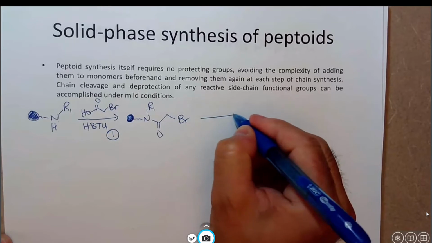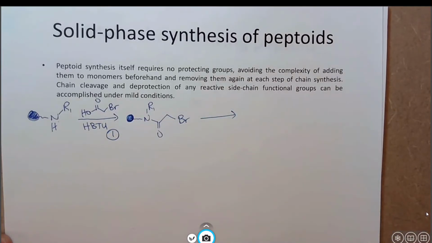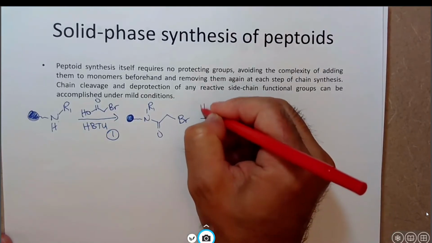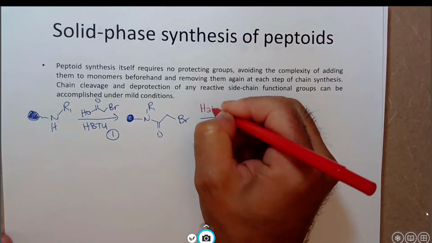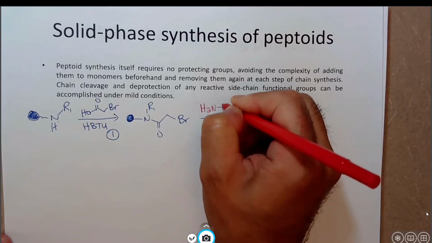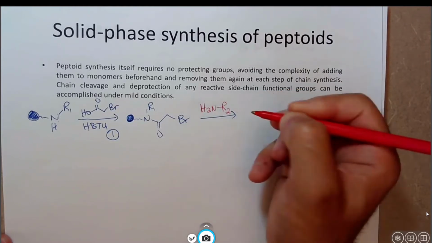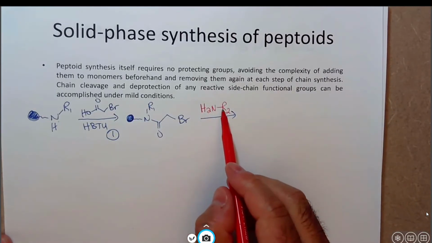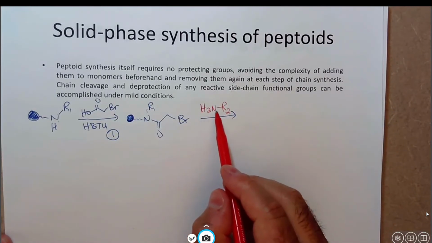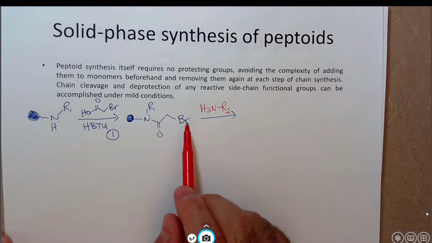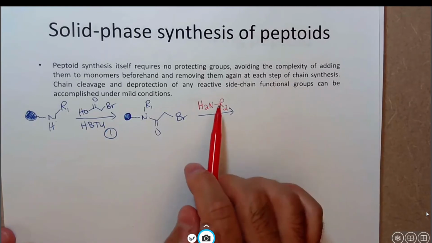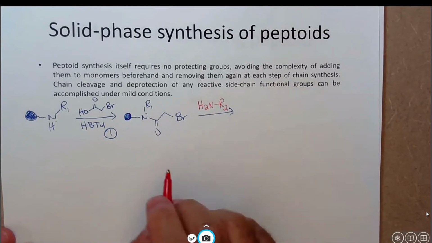Step 2 is now the introduction of this new nitrogen R group. So at this stage here, what we're going to do is react this with a primary amine, and attached to the primary amine is going to be an R group. Okay, so you can imagine that could be like NH2CH3, NH2 phenyl group, really whatever you want or whatever you're trying to make. And many amines are commercially available.